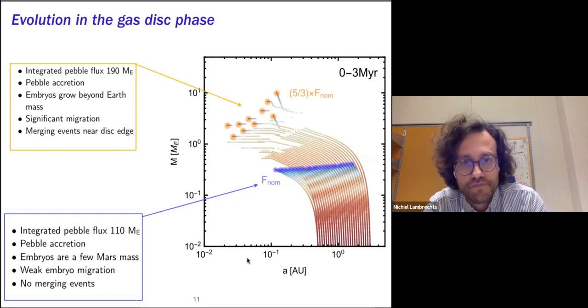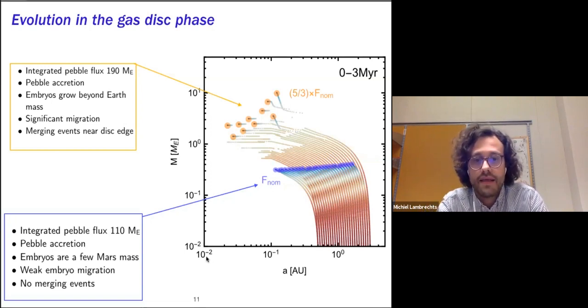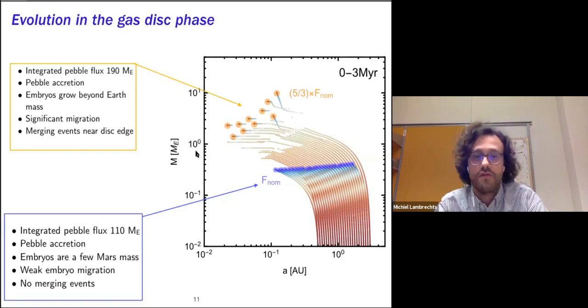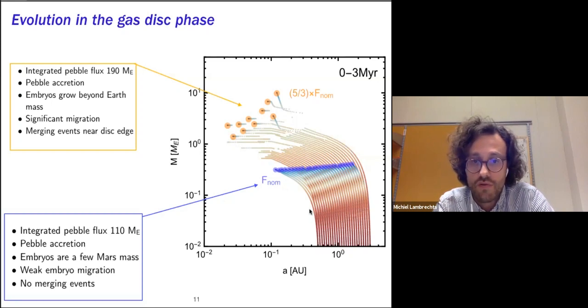Now, this is the result. Here we have on the x-axis the semi-major axis on a logarithmic scale in AU, and here we have the mass of the bodies in Earth masses. We start, for example, by looking at the growth tracks of these blue bodies here.